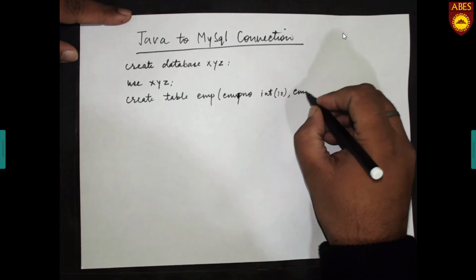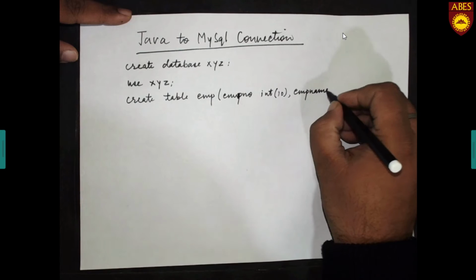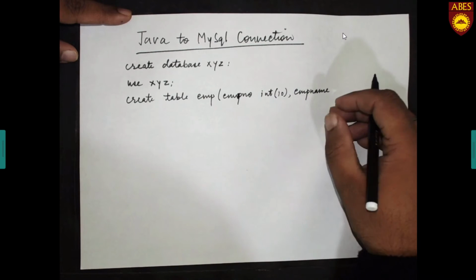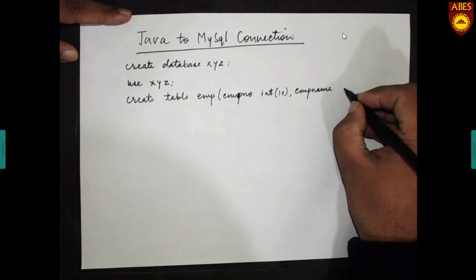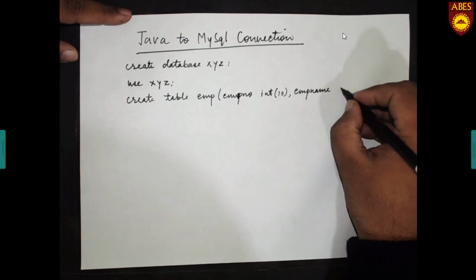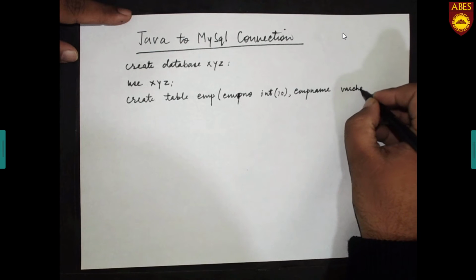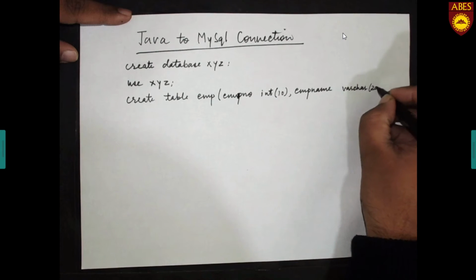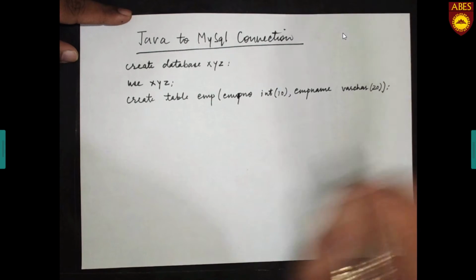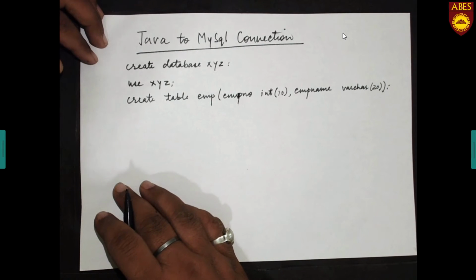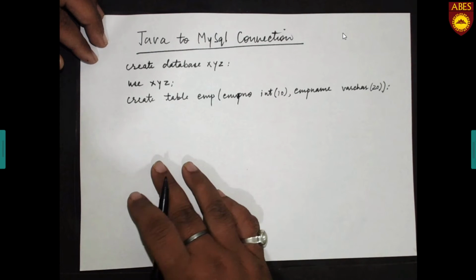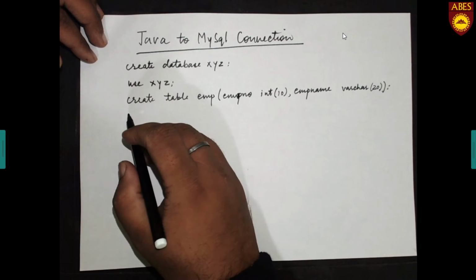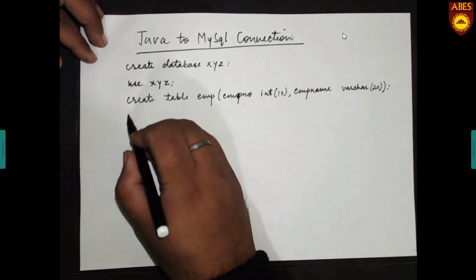After this, employee name is another field of the employee table, and the type of employee name is varchar, and the size is 20. Now the table employee has been created.